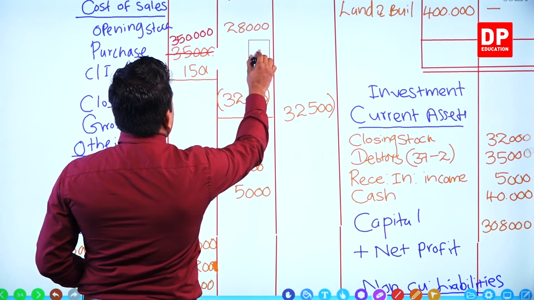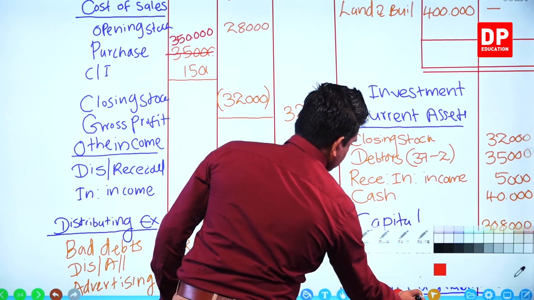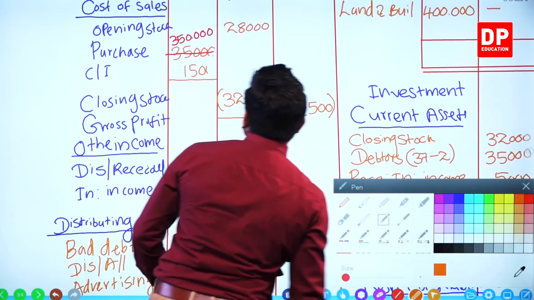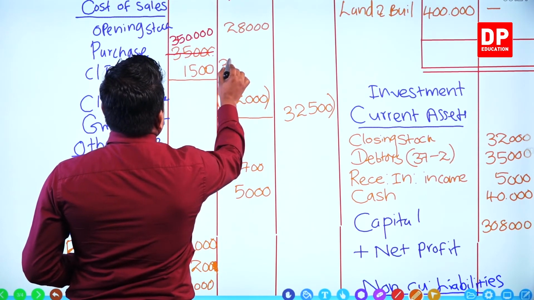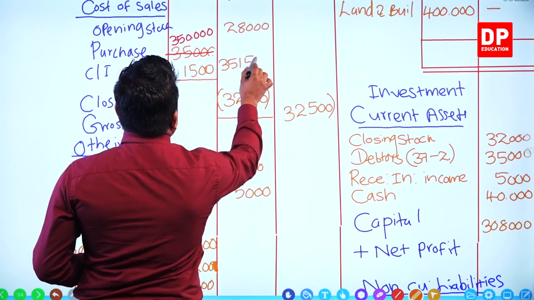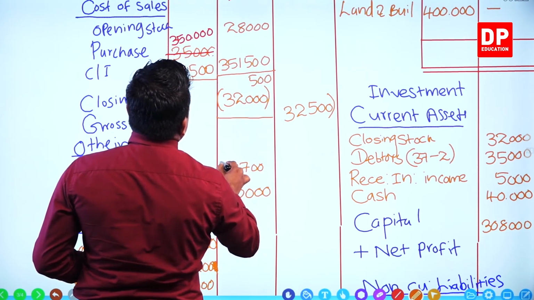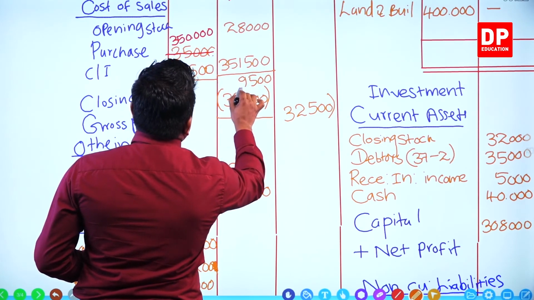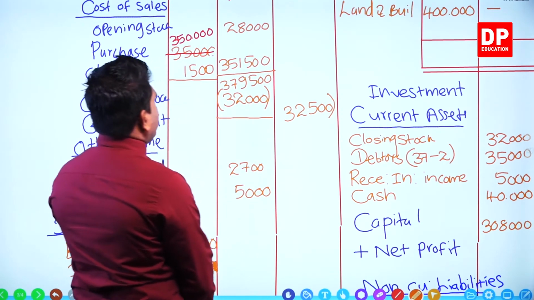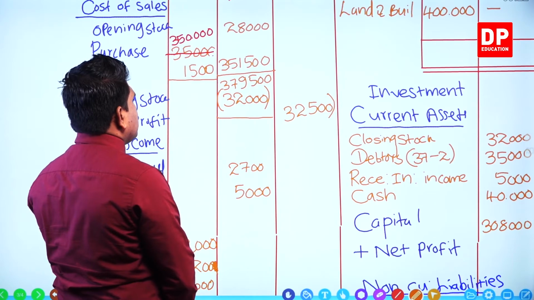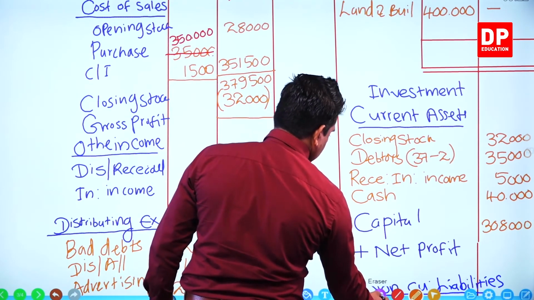Then we can find the correct answer. 351,500, then you can add these two, 379,500. From this you can subtract 32,000. You can find the correct answer here.